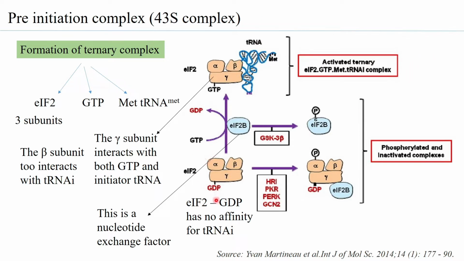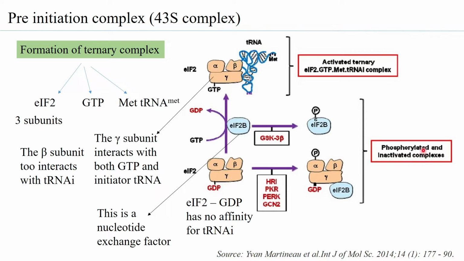It has also been observed that if the EIF2 is phosphorylated, as you can see over here, the alpha subunit of the EIF2, EIF2B is able to bind to the EIF2 GDP, but it is not able to convert the EIF2 GDP into EIF2 GTP.